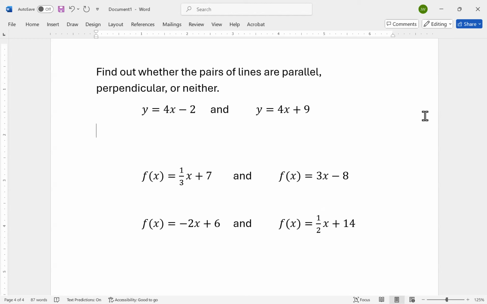The slope of line 1 is 4, and the slope of line 2 is 4. Pretty easy to see that both slopes are 4. And because both slopes are 4, then the lines are parallel.